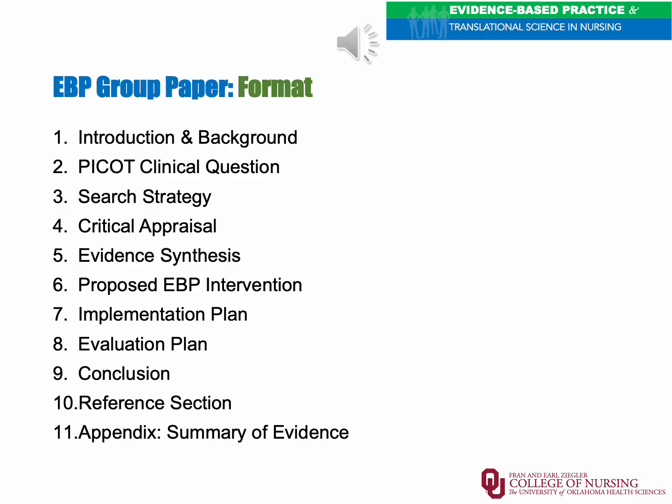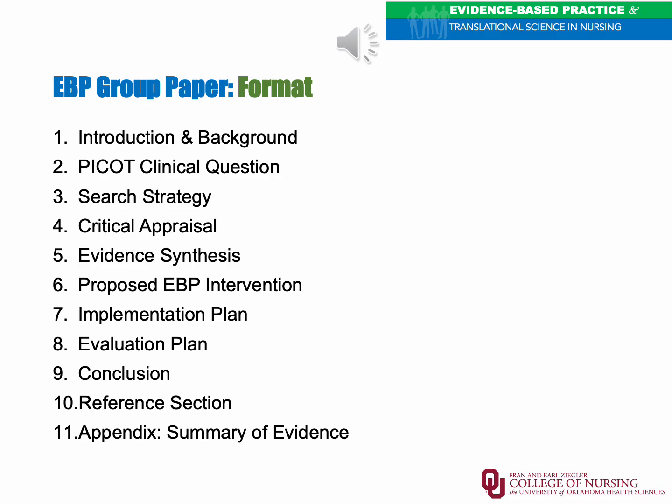Using an EBP implementation model, for example, the Iowa model or the Johns Hopkins evidence-based practice model, you need to outline the steps for implementing the proposed practice change. Here, you need to include stakeholder engagement, assess organizational readiness, possible resources that you might need, strategies, timeline, and you need to present and describe the potential barriers and facilitators.